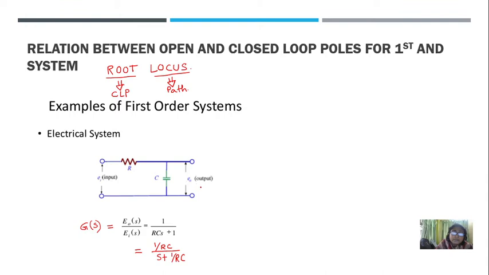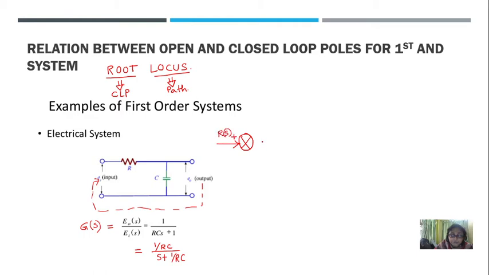Now if I want to take the output and put it back to the input side, that means I am adding a feedback path to it. If I draw this in terms of the control domain, I am adding a few things. First, suppose this is the actual input with respect to the system.